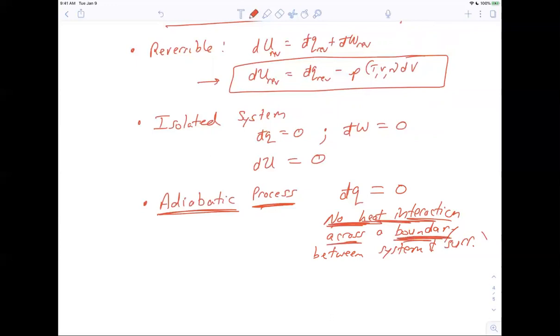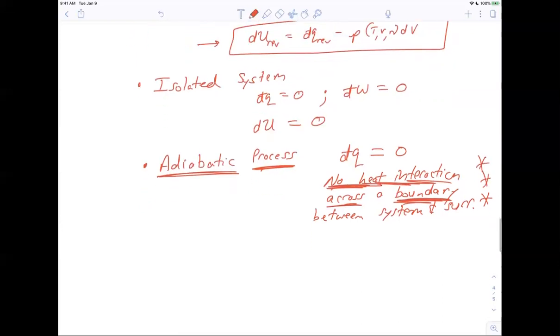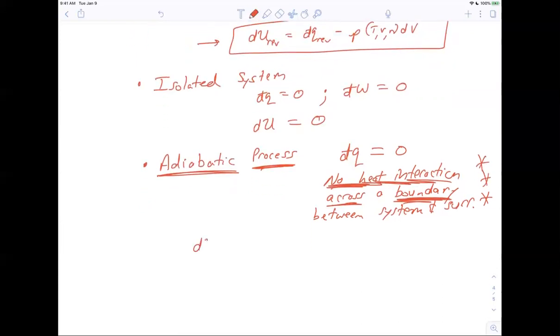And that's very important. So dq is 0. So du then is going to equal dw. Okay, everyone follow so far? Yep. Okay.